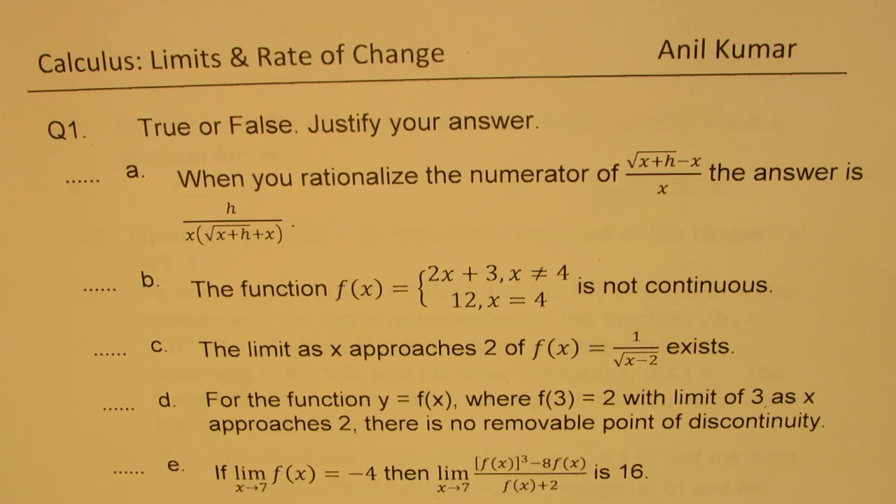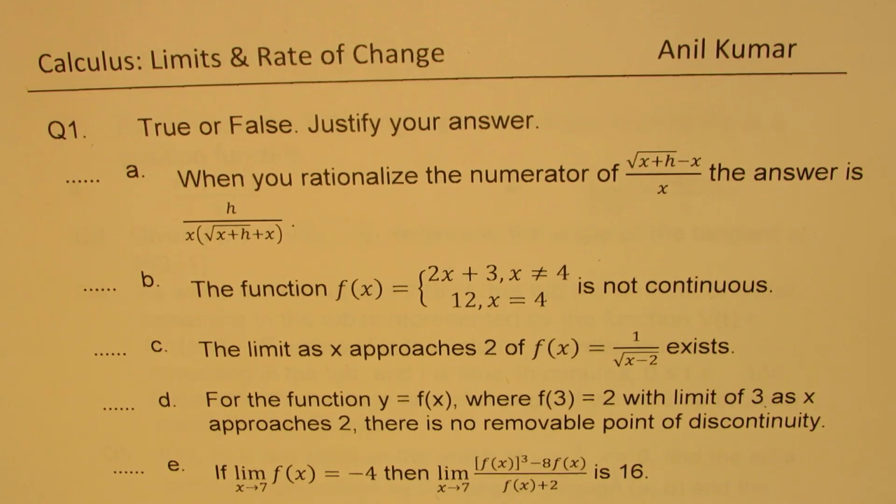C. The limit as x approaches 2 of f of x equals 1 over x minus 2 exists. D. For the function y equals f of x, where f of 3 equals 2, with limit of 3 as x approaches 2, there is no removable point of discontinuity.